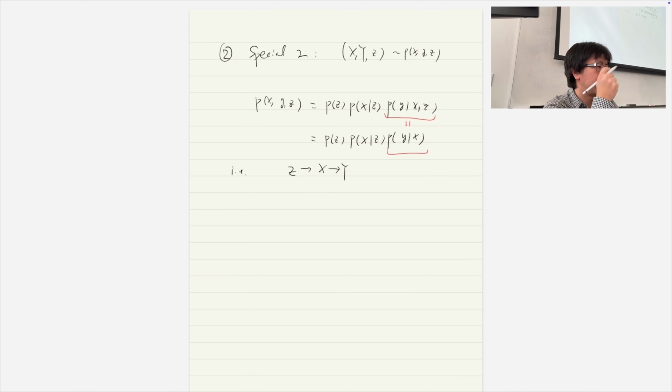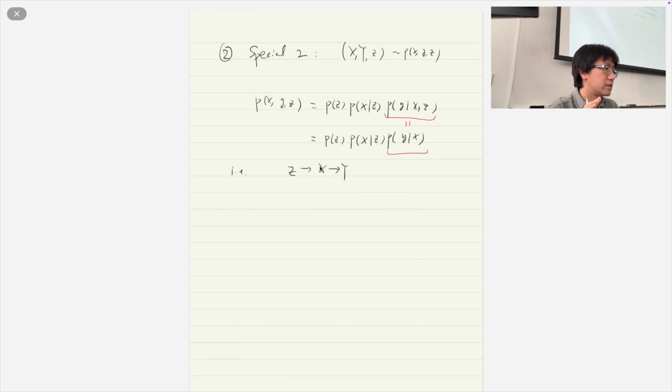The definition is that the probability of y given x and z and the probability of y given x are the same. This means that given x, we cannot gain any additional information if we also know z. It's a one-step thing: the transition probability is determined completely by the random variable one step ahead. Does that make sense?